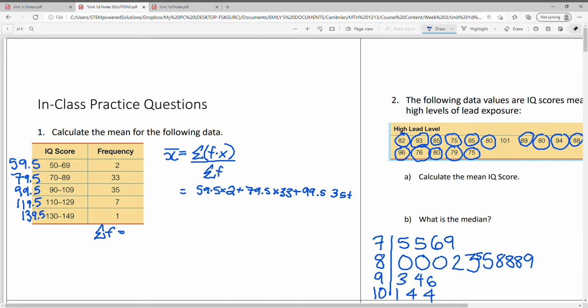Next, we'll add 119.5 times 7. Next, we'll add 139.5 times 1. We divide that by the total sum of all the frequencies. The total sum of all the frequencies is found by adding 2 plus 33 plus 35 plus 7 plus 1. And that's equal to 78.